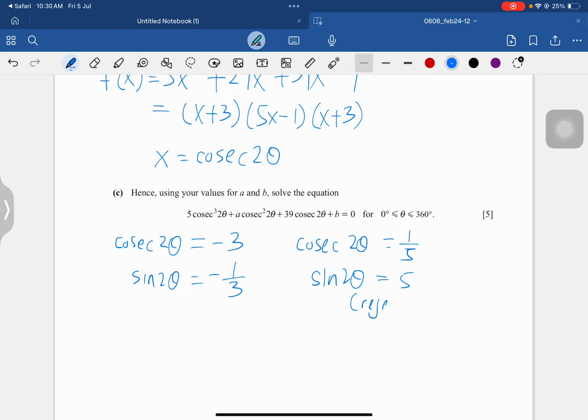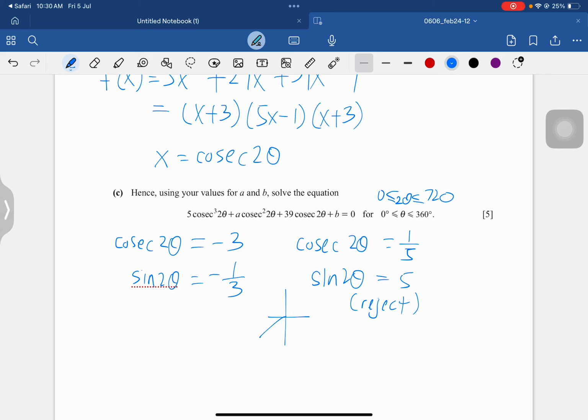This one we reject, as we know the sine minimum and maximum should be kept between minus 1 and 1. Okay, sine 2 theta equals to minus 1 over 3. Here the range times 2 becomes 0 to 720.